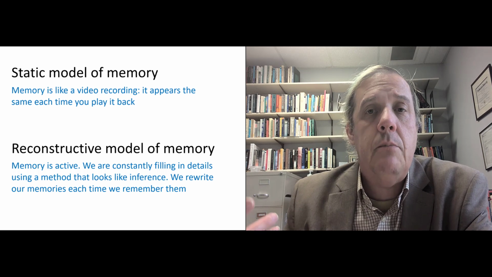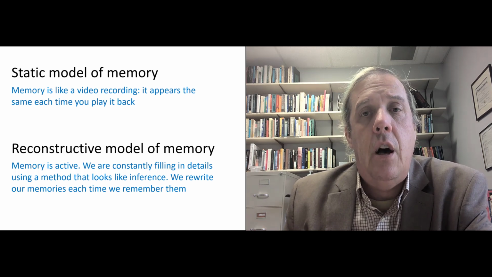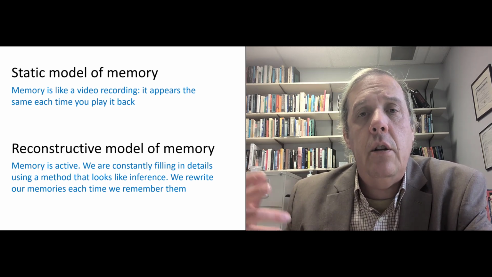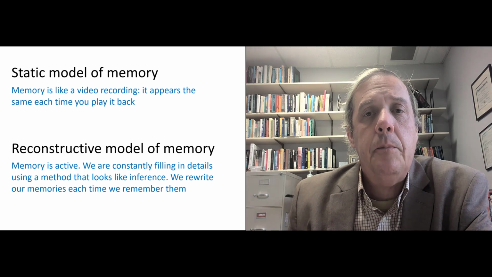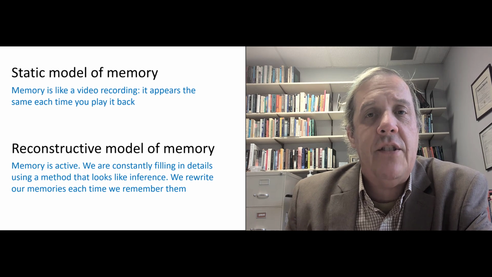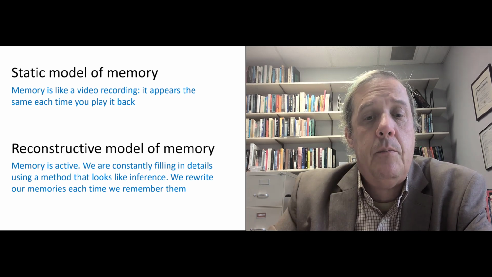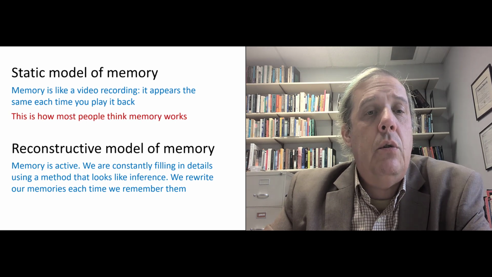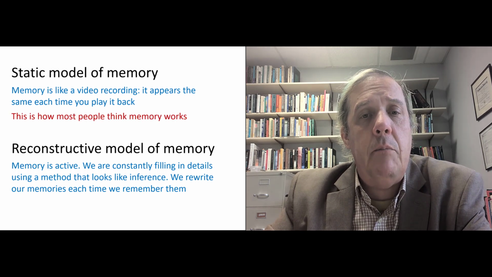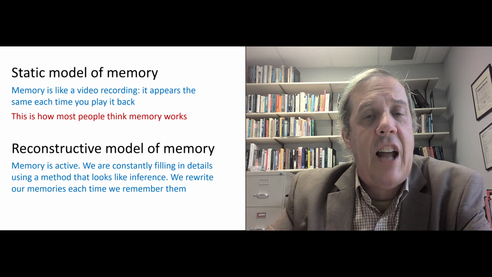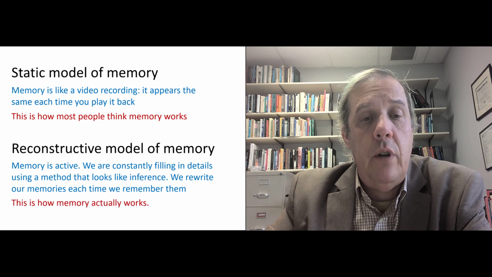You introduce more imperfections, and you are constantly reinterpreting events so that they make more sense to you. They introduce all of your biases. So most people think that memory works like the static model of memory, but really memory is reconstructive. It works like the active model.